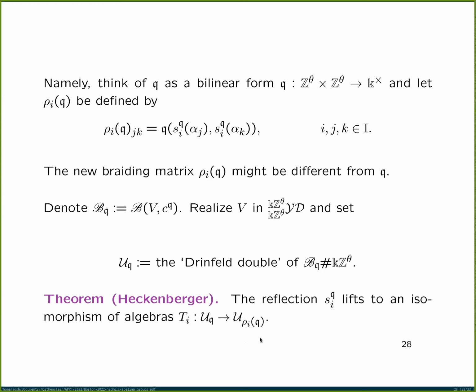You are changing the matrix, but you still have an isomorphism. Again, this is an algebra map. Even in Lusztig's case, it's not a Hopf algebra map. In Lusztig's case, you need to take into account the quasi-triangular structure. I don't want to enter into this. But here again, it's not a Hopf algebra map. One has to take into account some quasi-triangular map.